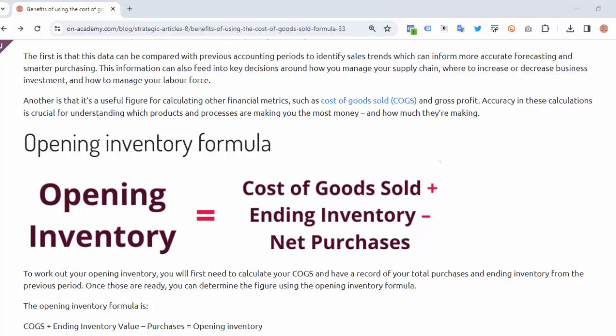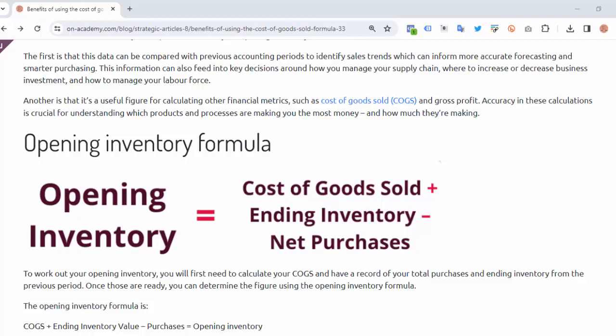Together with ending inventory, which can be determined by subtracting COGS from the sum of your previous period's opening inventory and net purchases, you will be halfway towards knowing your opening inventory value. Then simply subtract the total inventory purchase costs for the previous period to calculate your final opening inventory figure.